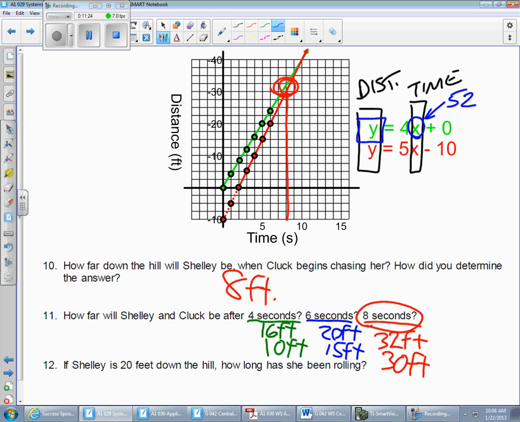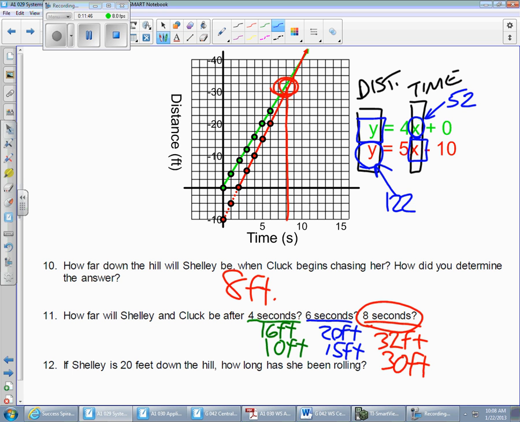If they said, if Cluck has traveled 122 feet, then how many seconds has she been running? Well, there is the distance that Cluck has traveled. So if you wanted to know after 122 feet, how many seconds has she traveled?